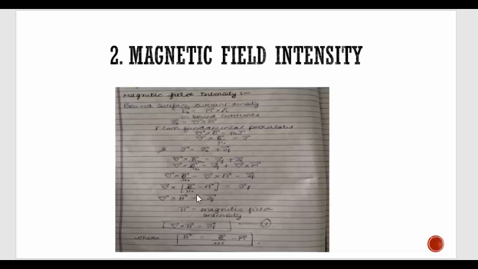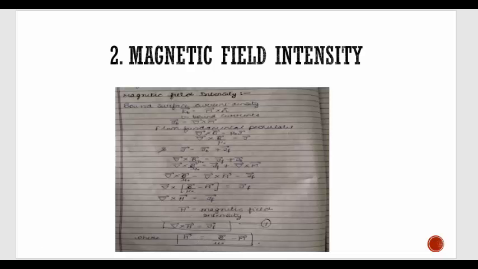Now this quantity, B vector upon mu naught minus M, is equal to H vector, meaning del cross H is equal to Jf. So H vector is the magnetic field intensity, del cross H is equal to Jf, and H is equal to B vector upon mu naught minus M. This is the magnetic field intensity.